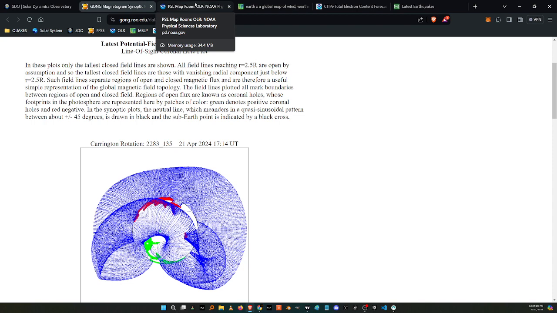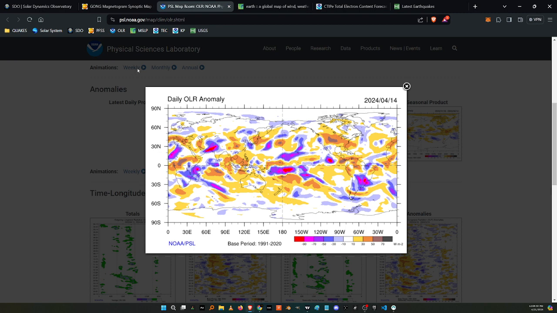So then how do we know where these things are likely to occur? So we're going to go to these next two right here. You can go to PSL, which is physicalsciences laboratory.noaa.gov. NOAA is the National Oceanic something administration. NOAA covers a vast array of different data sets and information you can get.